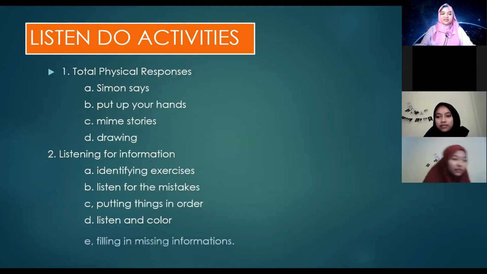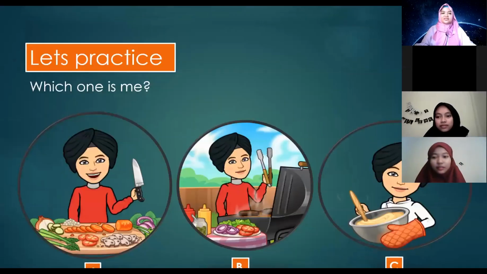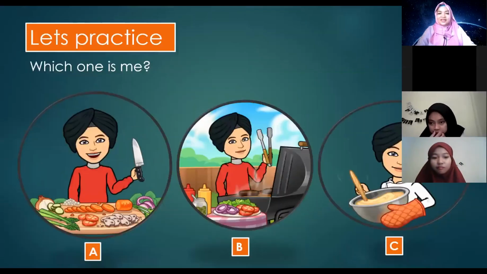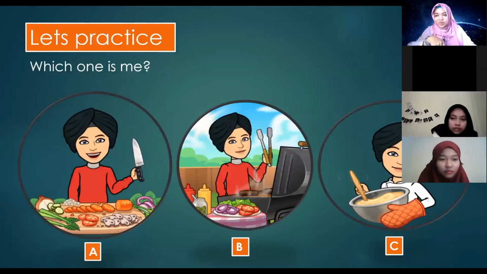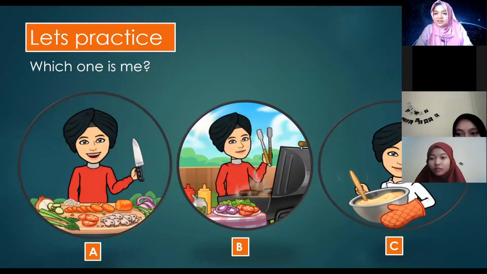Listen and color, oke. Nanti kita ini filling in missing information. Oke, let's practice. Write down in the chat box which one the picture that I described, A, B, or C. Okay? Okay, wait.